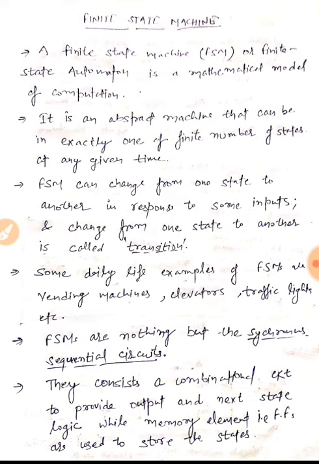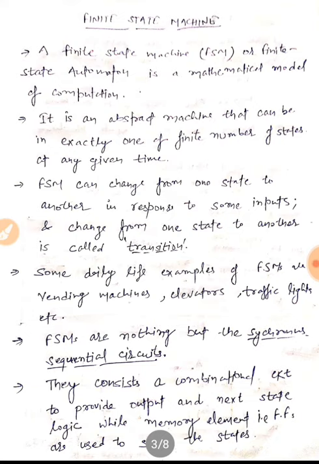We have seen that we can implement or design sequential circuits using flip-flops, like counters, shift registers, and so on. So it is one more method to implement sequential logic circuits. It is an abstract machine that can be in exactly one of the finite states at any given time.